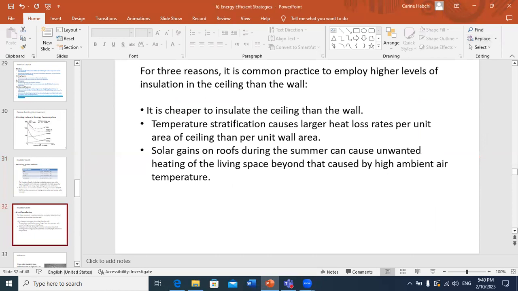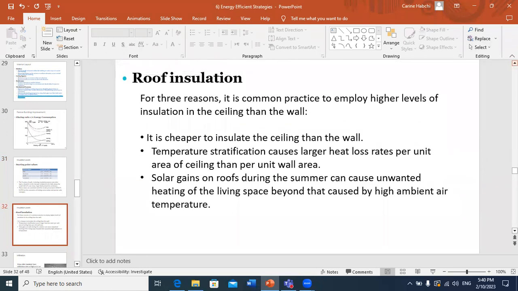Now, another source of heat exchange between the interior of your building and the outdoor environment is the roof. And for the roof also, we have a lot of strategies that can be used for insulation. For three reasons, it is common practice to employ higher levels of insulation in the ceiling rather than the wall. First, it's cheaper to insulate the ceiling than the wall.